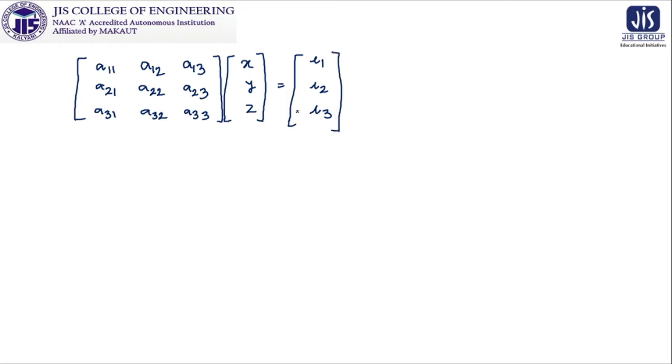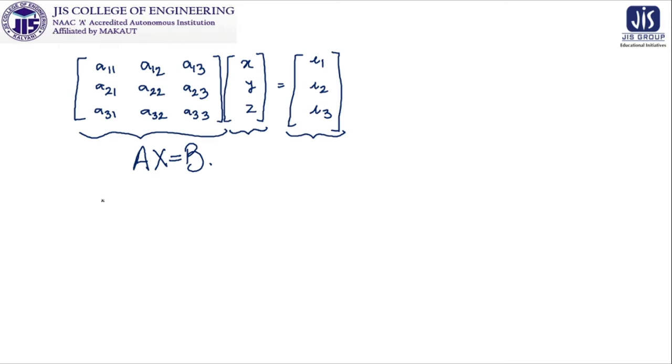If we follow the rule of multiplication in case of matrix, we will get A11x plus A12y plus A13z is equal to B1. In the similar manner, the next two equations will be achieved. That means this is the matrix representation of the previous equation, where we can write it as AX is equal to B, where A is our coefficient matrix, that means this one, capital X is the unknown vector, that is this one, and capital B is this one.